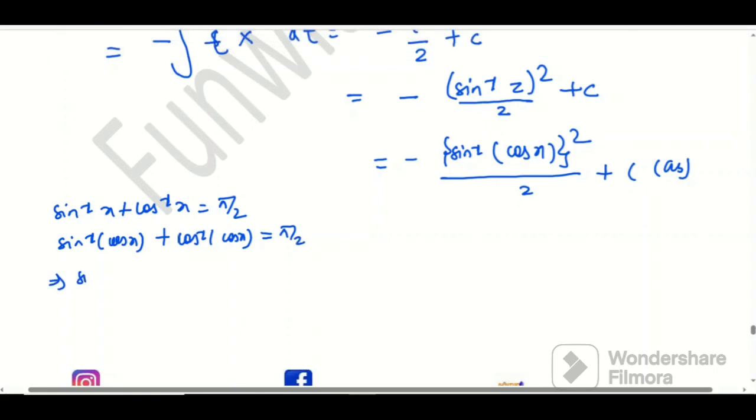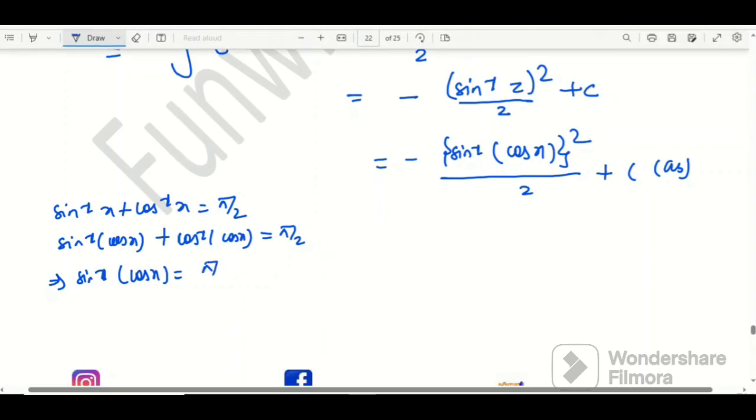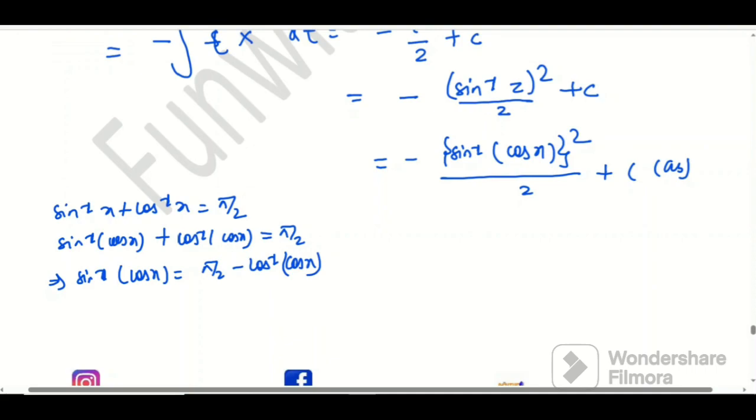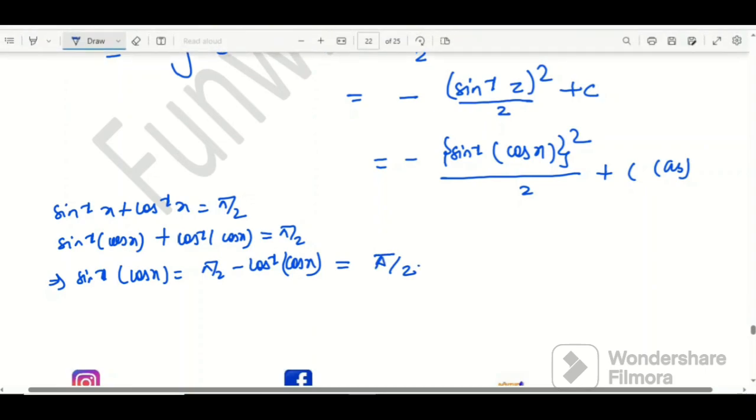This implies sin inverse cos x is equal to pi by 2 minus cos inverse cos x. And we know that cos inverse cos x is nothing but x. So pi by 2 minus x. So I will have answer h from your equation 1.